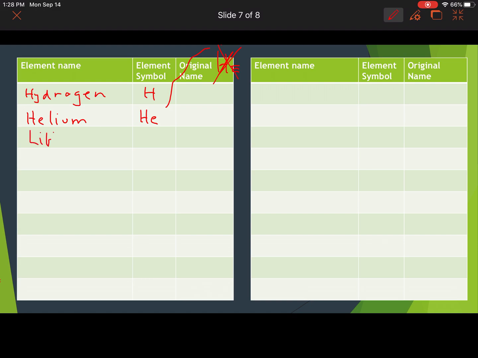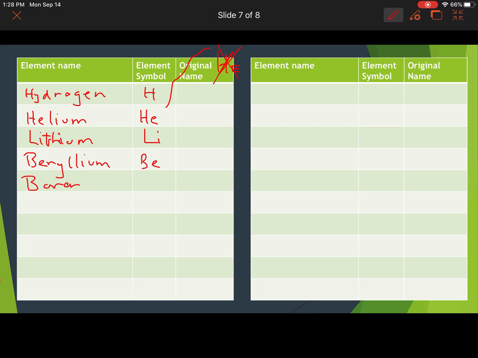Third one is going to be lithium. So lithium is going to be Li as the symbol. Beryllium is our next one, and that's Be.